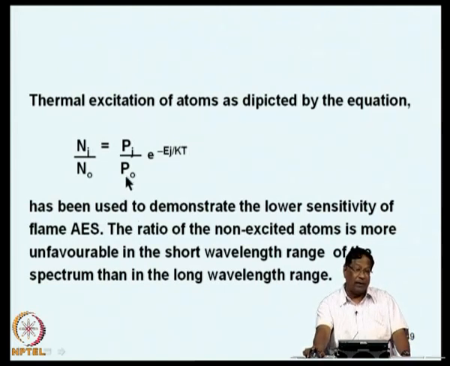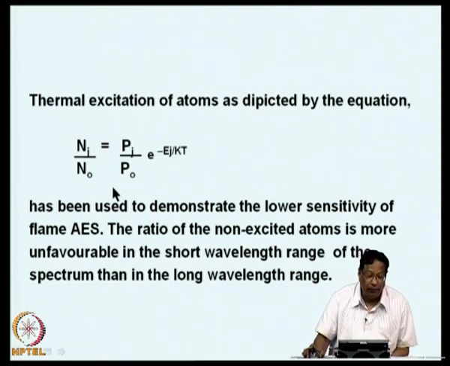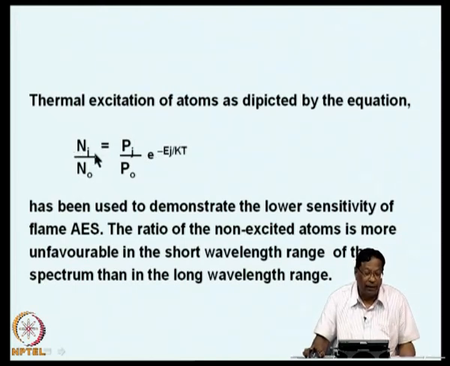There we had described this equation, Nj by N0 should be equal to Pj by P0 into e to the power of minus Ej by KT, where Nj and N0 are the number of atoms at the excited state and ground state, and Pj by P0 is the ratio of statistical weights, and Ej is the energy difference, K the Boltzmann constant, and T is the temperature.